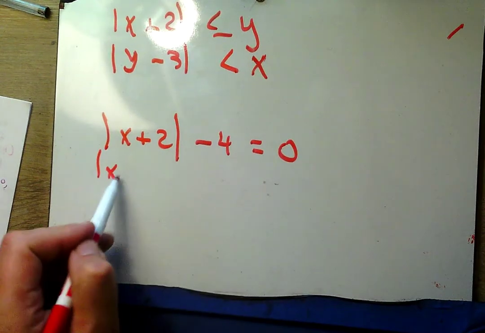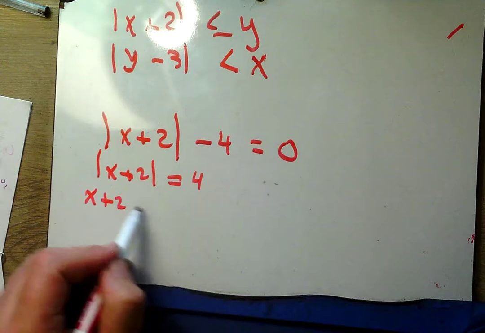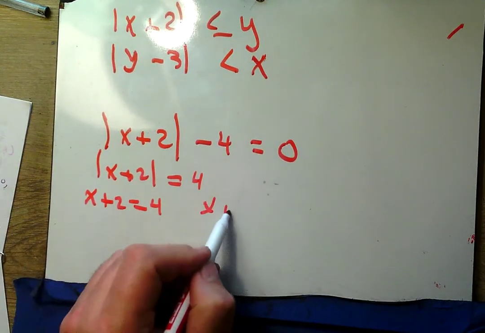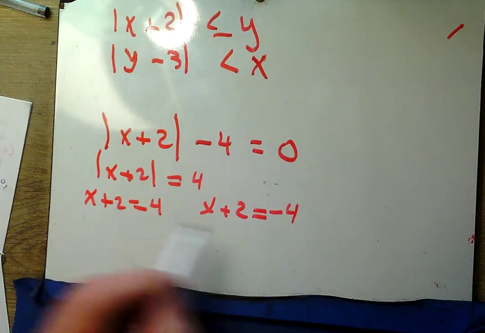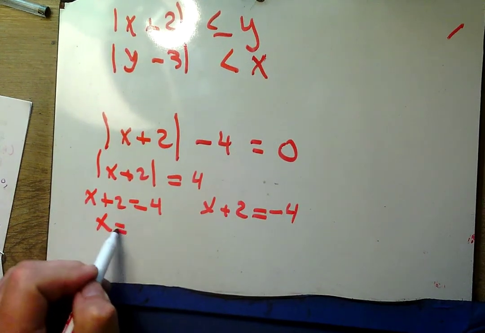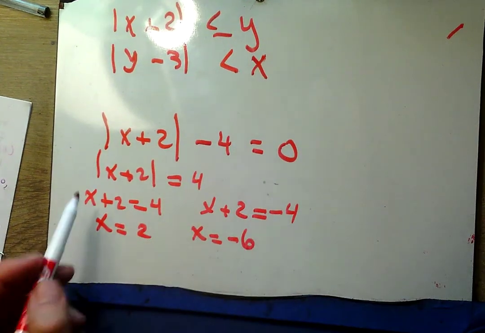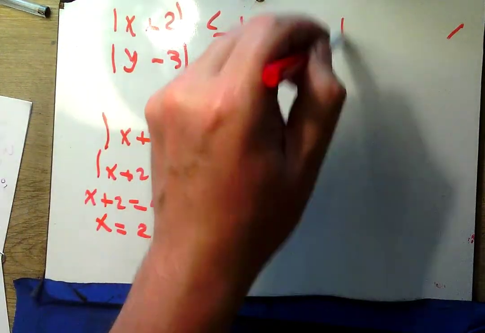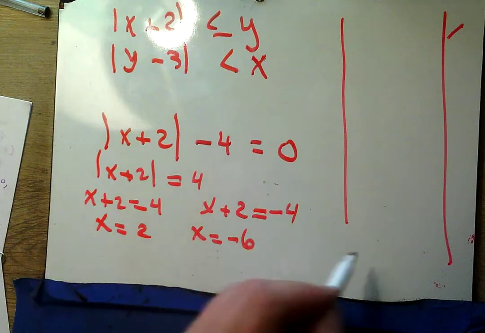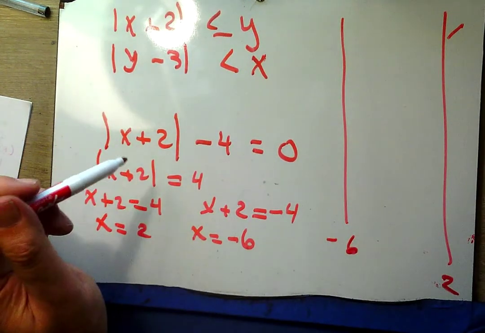This is going to be absolute x plus 2 equals 4. And so then we write the positive component, and we write the negative component, and we solve, and we see that's going to be x equals 2, and that's going to be x equals negative 6. And what we're saying is that our answer is these two vertical lines, negative 6 and 2.